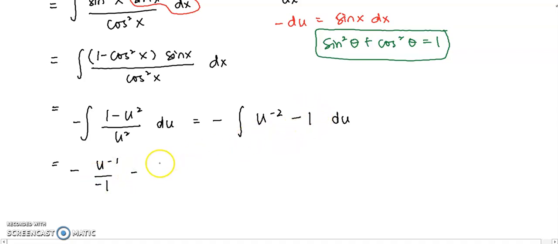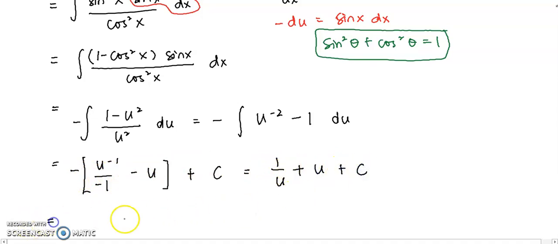Minus, integrate 1 with respect to u, you have u. I put a bracket here, plus a constant c. Then you can simplify first. Negative multiplied by negative, you have positive 1 over u. And negative multiplied by negative, another u, plus c.